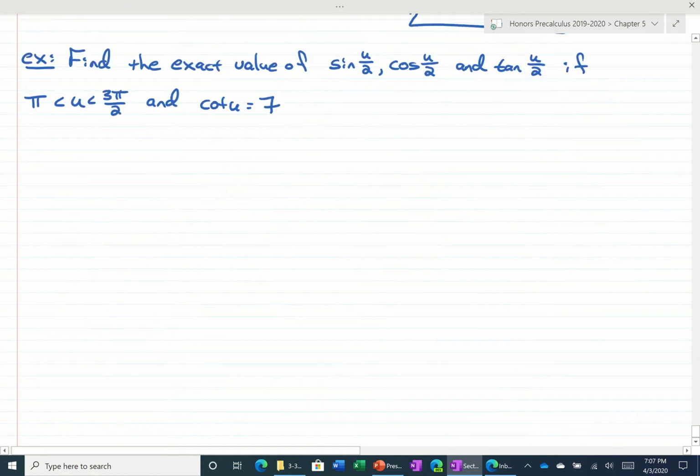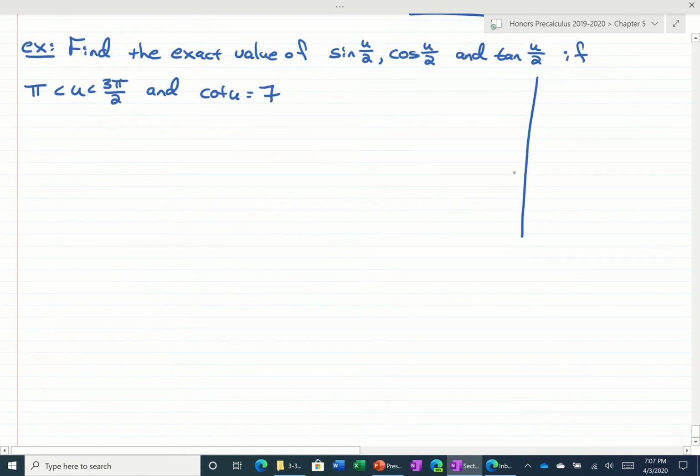So first thing, let's set it up just like we did the last problem. Cotangent of u, we're in quadrant 3. And it says the cotangent of u would be 7. So what that means is it's going to be 7 and 1.